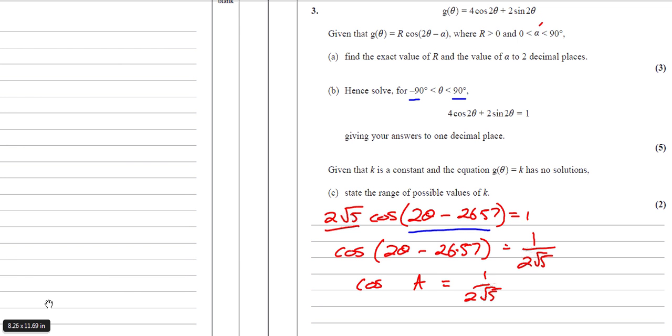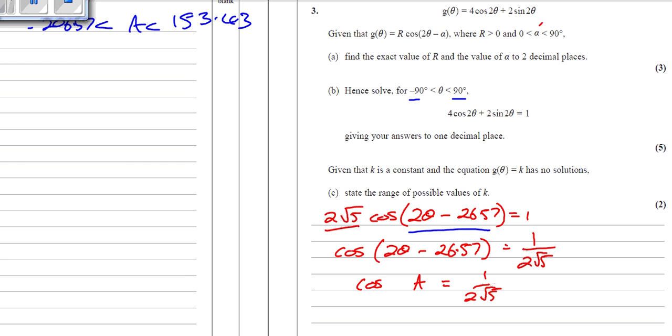So we're going to say that A is between, we do 2 lots of 90, and then take away your value of alpha, you get 153.43. If we do 2 lots of minus 90, take away 26.57, you get minus 206.57.